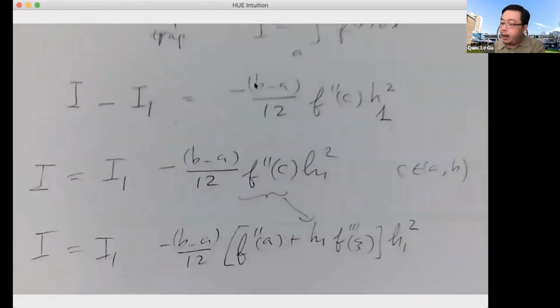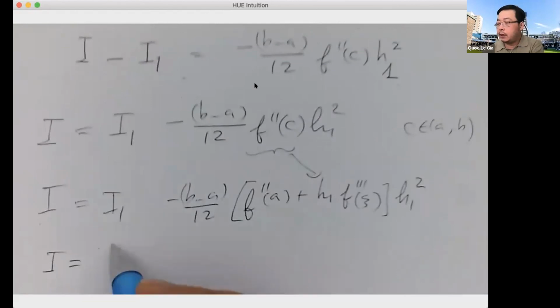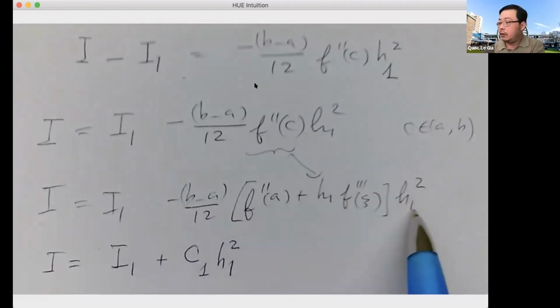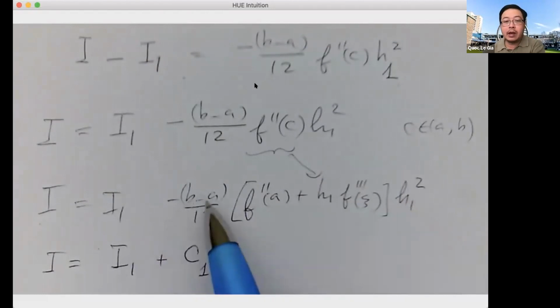Then the equation can be written in a simple form like this: I equals I1 plus C1 h1 square. If I multiply this out and relabel everything as a constant, it's just a constant C1 multiplied by h1 square.